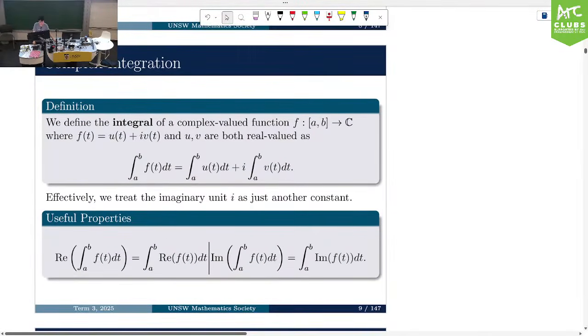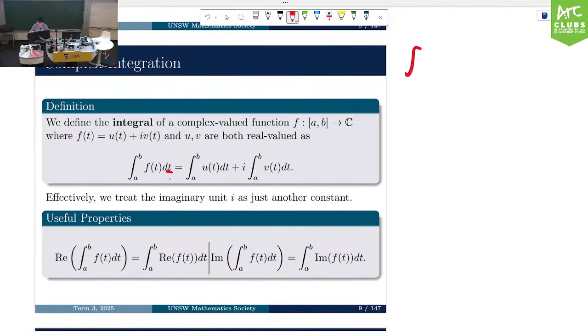The nice thing of complex integration is that it's analogous to basically real integration, especially when we're integrating with respect to a real variable, like here. Just take note that t is a real number. When we're integrating with respect to a real number, what we can do is split the integral.